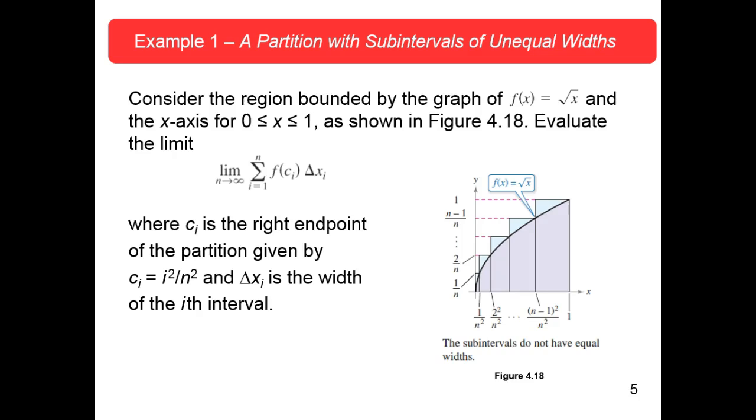Okay, rather bizarre. Let's go to 4. Then you would do 1 over 16, 4 over 16, which would be your 1/4, 9 over 16, which would be out here somewhere, and then you'd be back to 1 again.